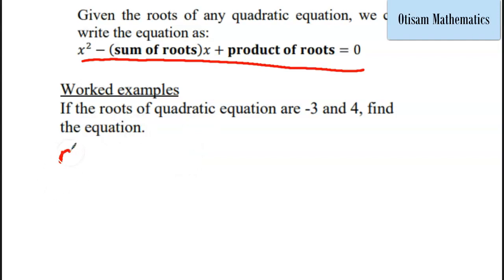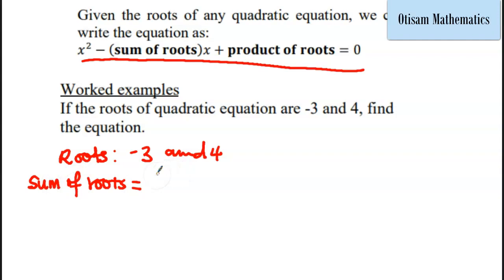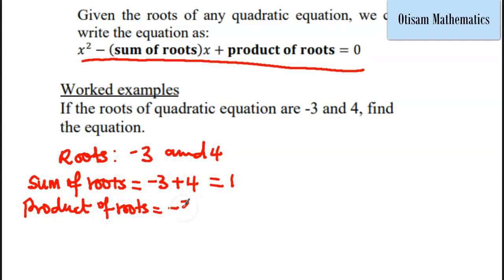So the roots are minus 3 and 4. Okay, so let's find the sum of roots. Sum of roots, you add the roots, minus 3 plus 4, which is equal to 1, and then the product of roots is minus 3 times 4, which is minus 12.